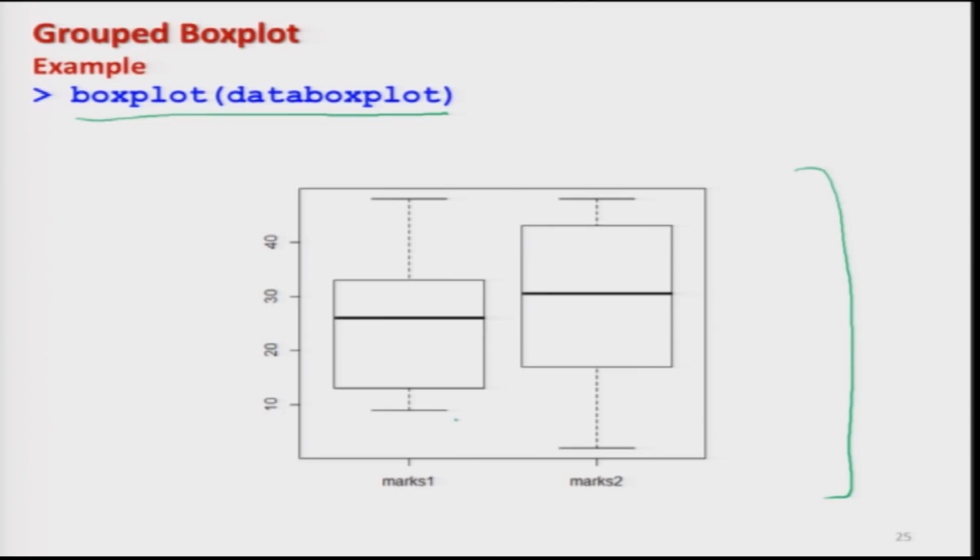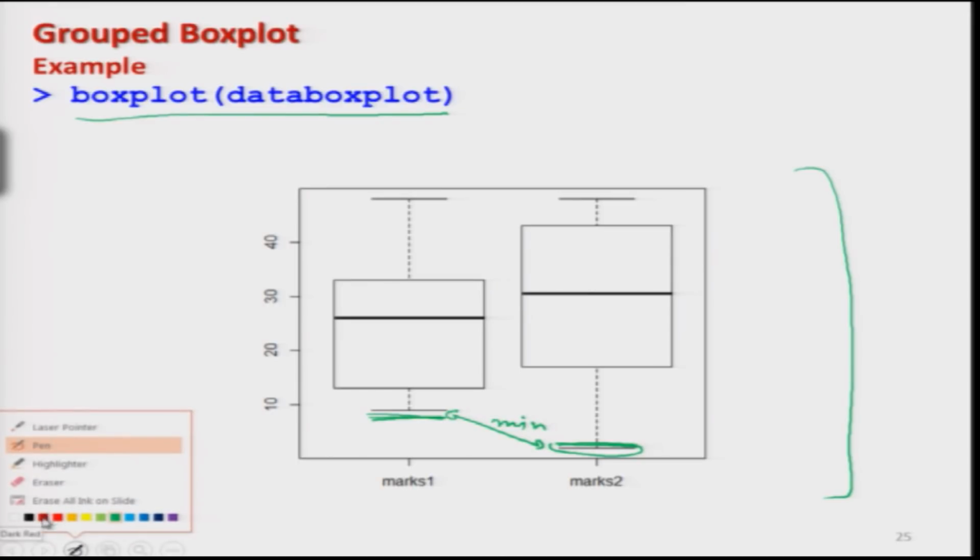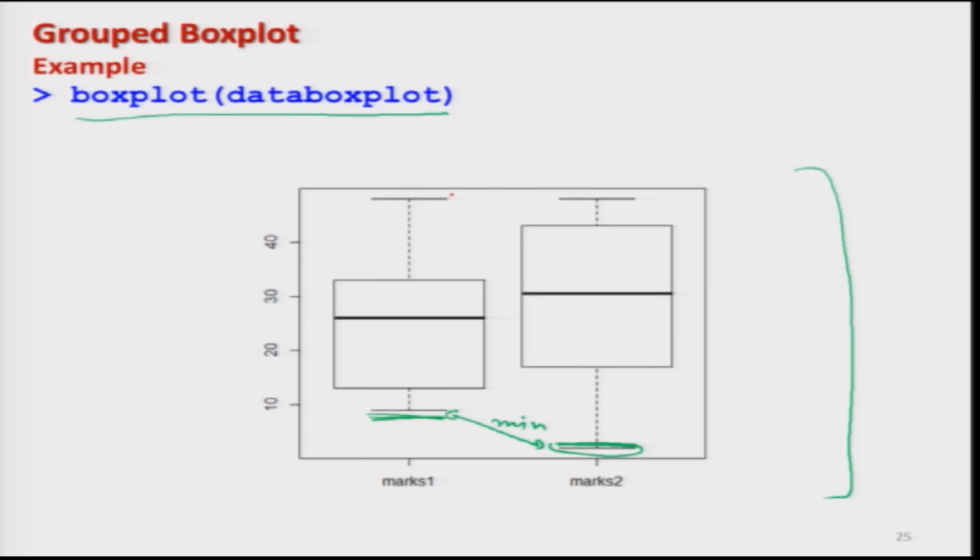By looking at these two values, these green color lines, you can easily compare which data set or which group of students has got the lower or minimum marks. Similarly, if you look at the red ink which I am highlighting here, by comparing these two, you can have an idea about the maximum marks obtained by the students.